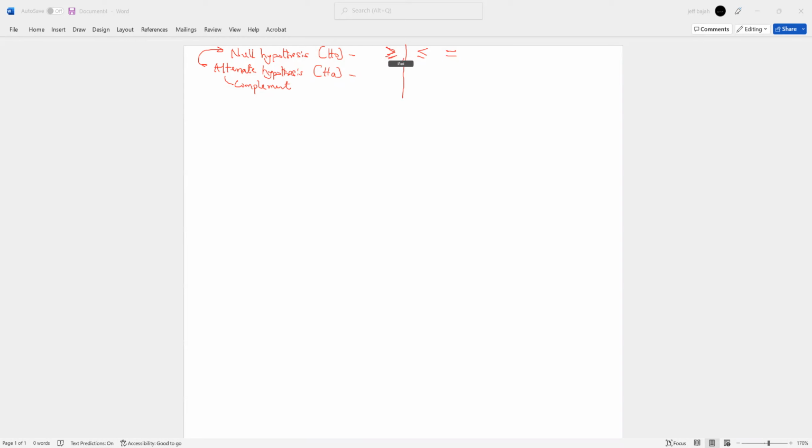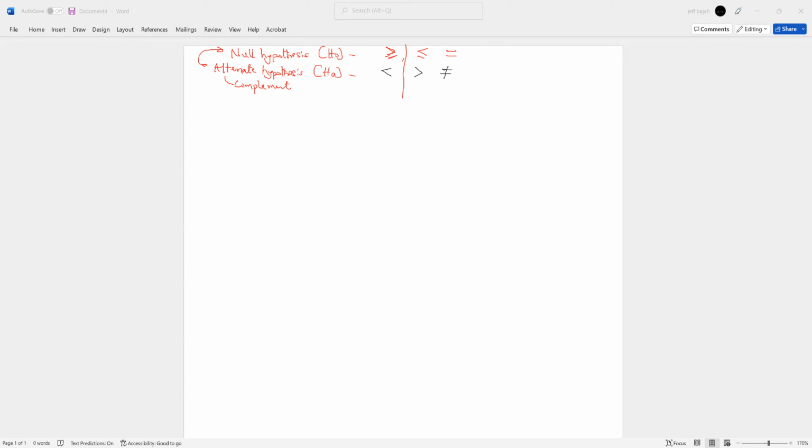So the opposite of greater or equal to is what? Less than. The opposite of less or equal to is what? Greater than. And the opposite of equal to is what? Not equal to. So whenever you're doing your hypothesis testing, one of these has to be true. It's either going to be your null, which is H sub O, or it's going to be your alternate hypothesis, which is H sub A.